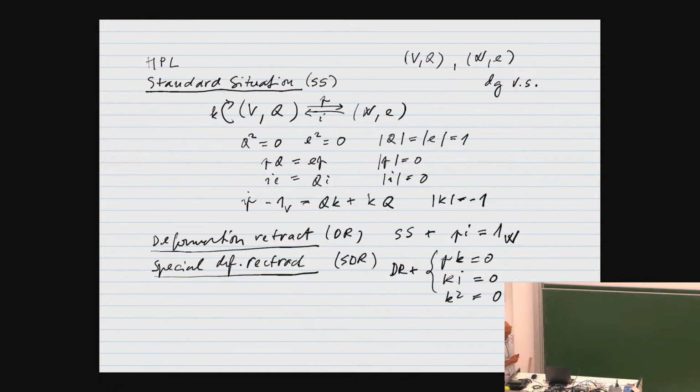If, in addition to these standard situation properties, you have another one, that if you compose P and I in this order, you get identity on W, and even more, if you have these extra conditions that P and K compose to 0, K and I compose to 0, and K itself squares to 0, then you call it a special deformation retract.